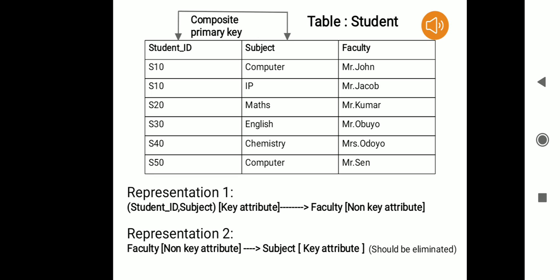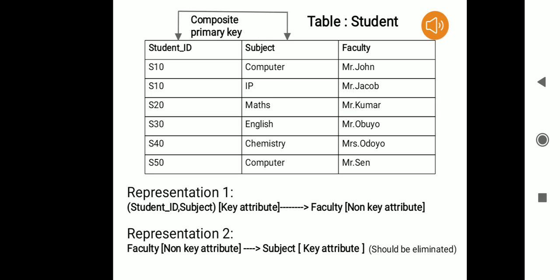Since this representation shows a key attribute determining a non-key attribute, this is acceptable. But there is a problem. The problem is that this table is not in Boyce Codd Normal Form. Let me explain why. Just look at the table student. See the column faculty. All its entries are distinct. You will also notice that two different faculties, Mr. John and Mr. Sen, are teaching the same subject, computer. This shows multiple faculties can be assigned to a particular subject.